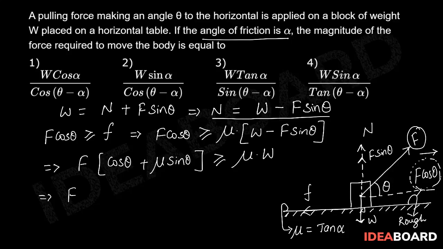So F is greater than or equal to, mu is tan alpha, so it is tan alpha into W whole upon cos theta plus tan alpha times sin theta.